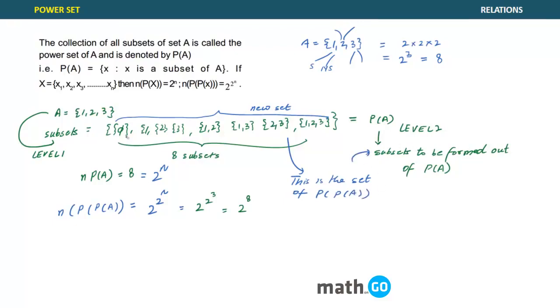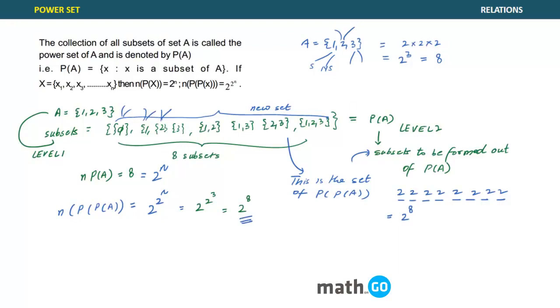How many elements does this set have? 8, right? So you will draw 8 dashes. And each element will again have two options: selected, not selected, selected, not selected, selected, not selected. If you multiply, this comes out to be 2 raised to power 8. Can you see that the answer is same?